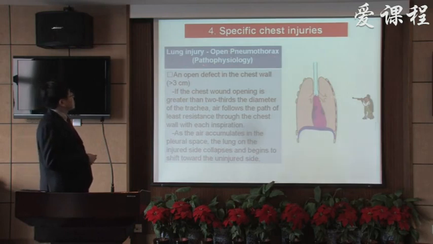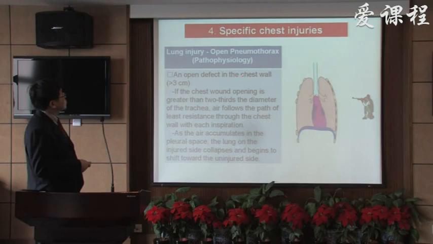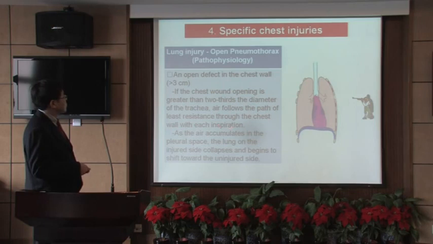The open pneumothorax is an open defect in the chest wall, usually more than 3 centimeters. If the chest wound opening is greater than 2/3 of the diameter of the trachea, the air follows the path of least resistance through the chest wall during inspiration.